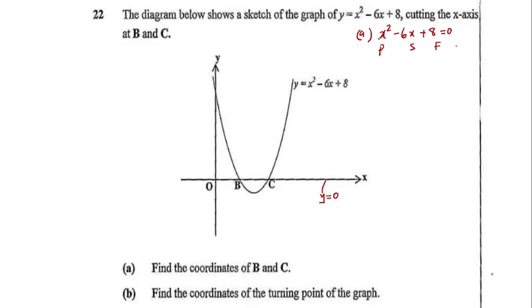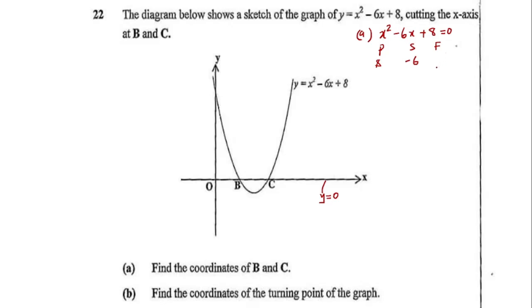The product can be found by multiplying the coefficient on x squared, which is 1, by the 8 there, and we get 8. Then the sum is negative 6, the coefficient on x.